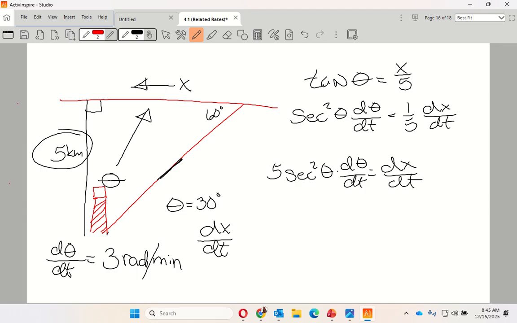Yep. We have both a radian and a degree. My d theta dt is in rad per minute, where the angles that were given to me are in degrees, aren't they? So we got to do a little bit of conversion. Five secant.